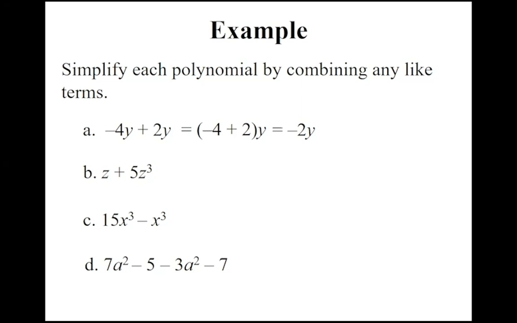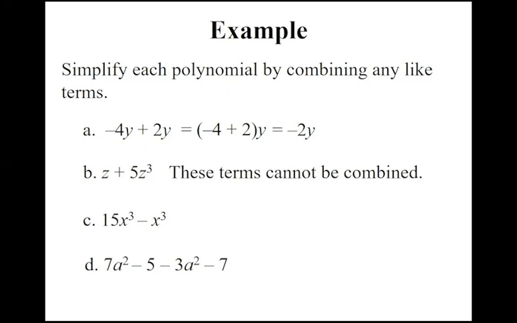In B, they're both z's, but they're not like terms because the z in the first term is raised to the first power. The z in the second term is raised to the third power. These terms cannot be combined. C, they're both x cubes. They are like terms. We can combine them.